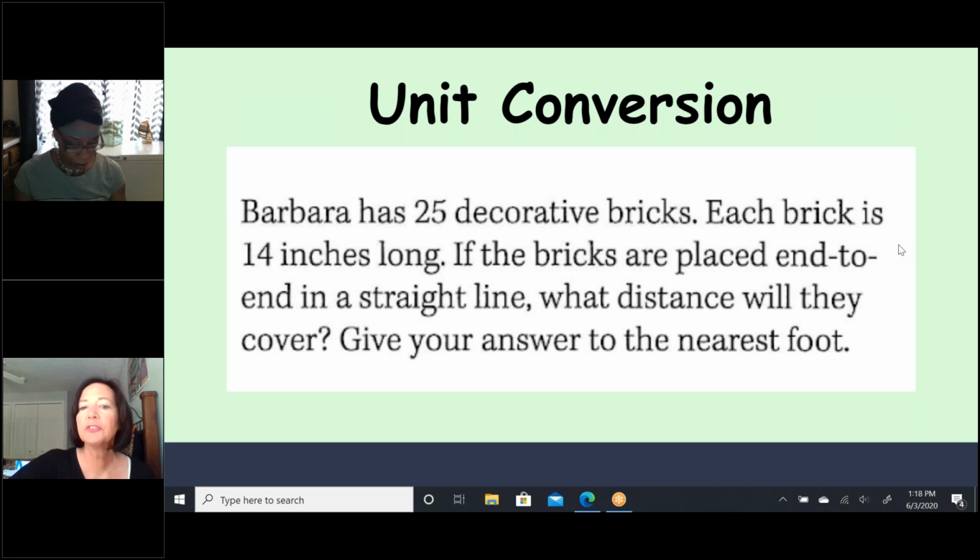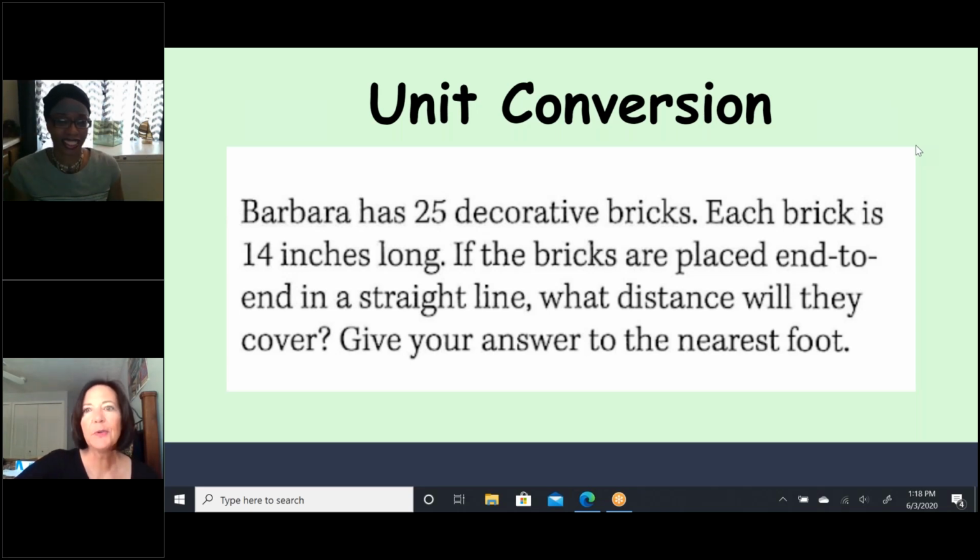They want our answer to the nearest foot. So your answer would be inches so far. 350. So then I'm going to divide that by 12, so that would be about 29.16666666667 feet.